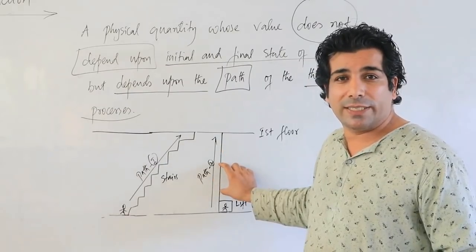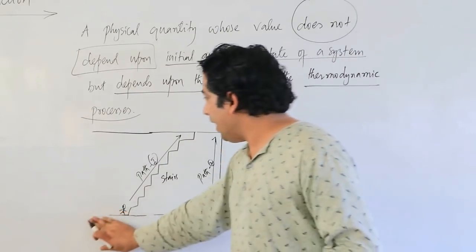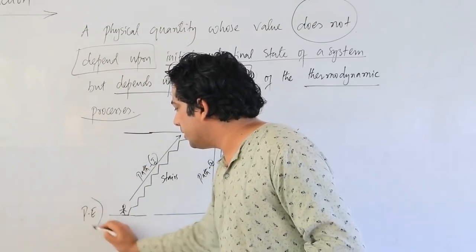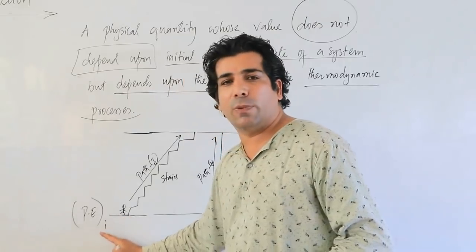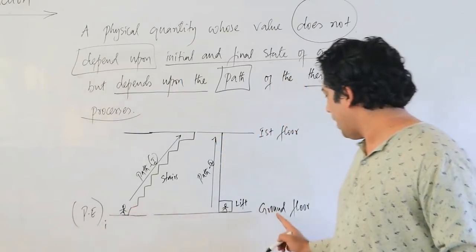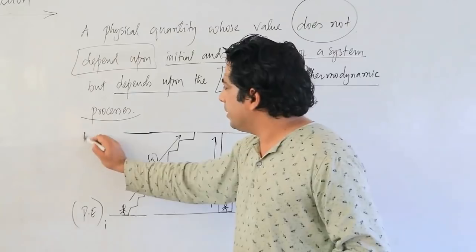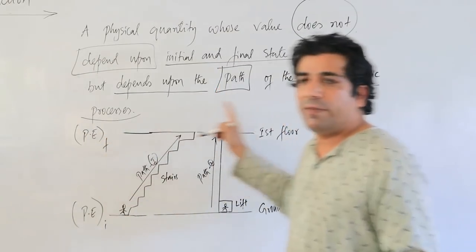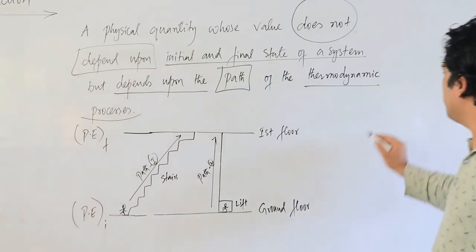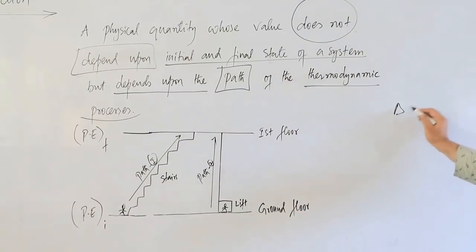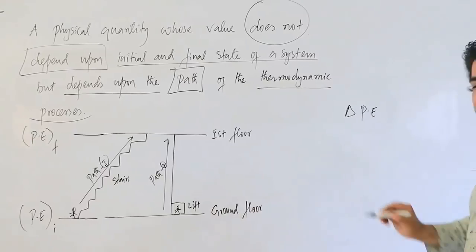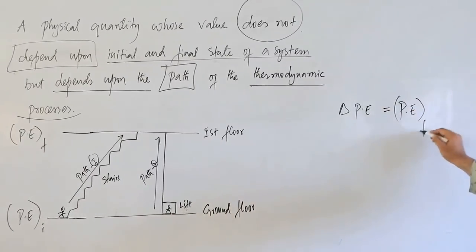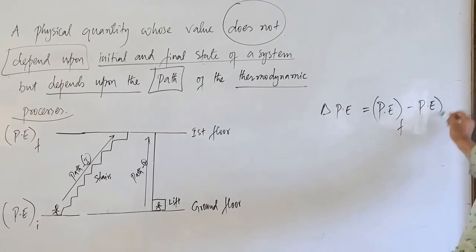So try to understand. Suppose this is Pi, the initial potential energy of a person at the ground floor. And this is the final potential energy of the person at the first floor. So my dear friends, the change in potential energy will be potential energy final minus potential energy initial.